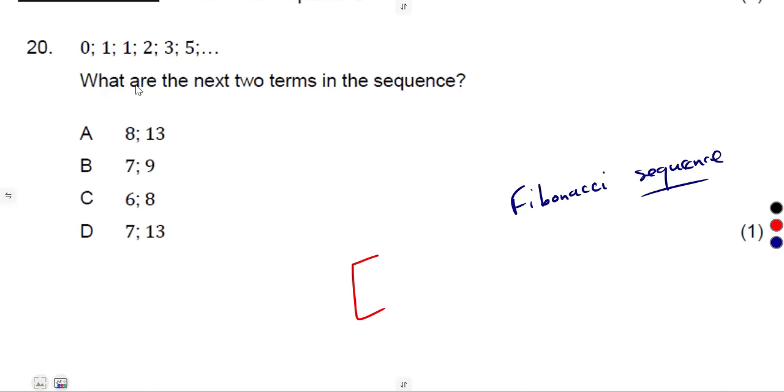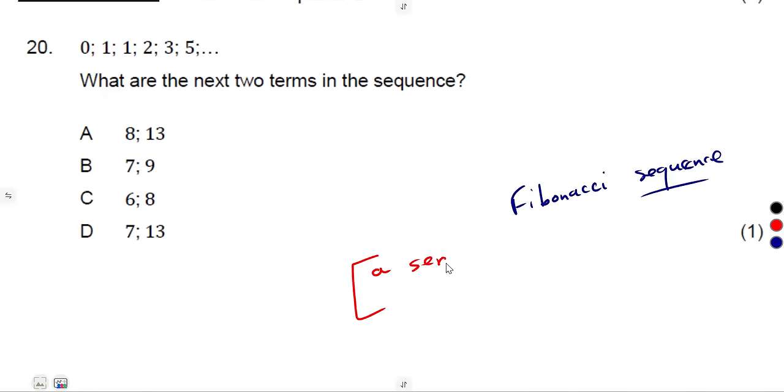It is a type of series of numbers where each number is the sum of the 2 previous terms. Right? Let me write it down.